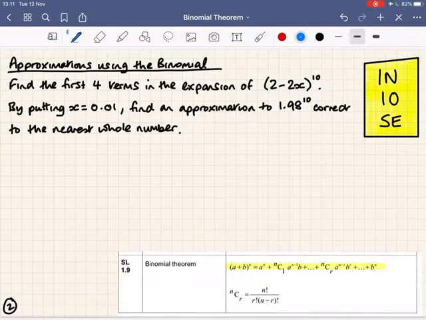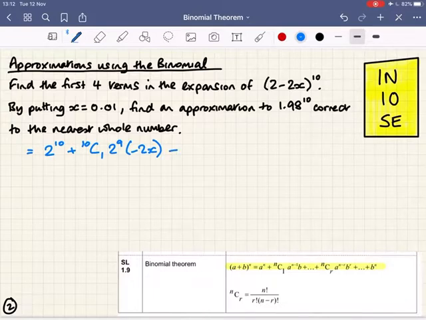So this time we're going to get 2 to the power of 10, and 10c0, 2 to the 10. And then the next term will be 10c1, 2 to the power of 9, and then minus 2x just to the power of 1.